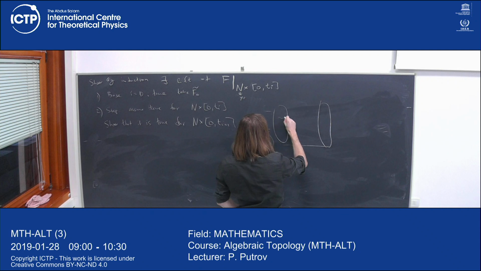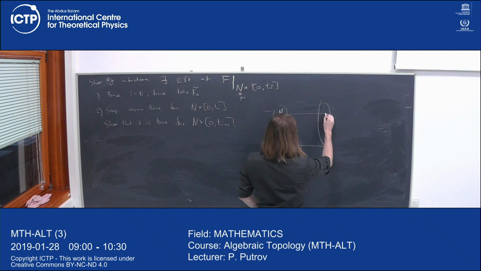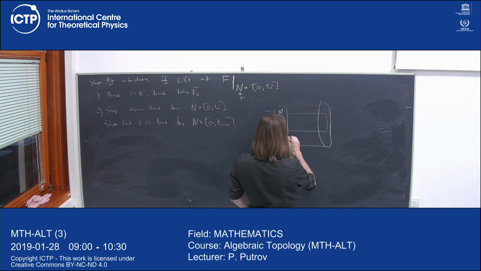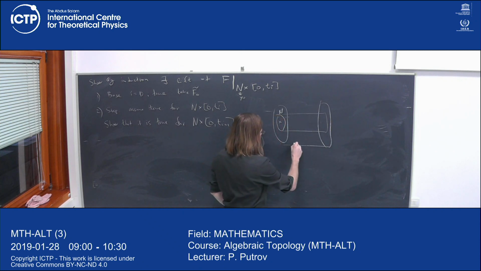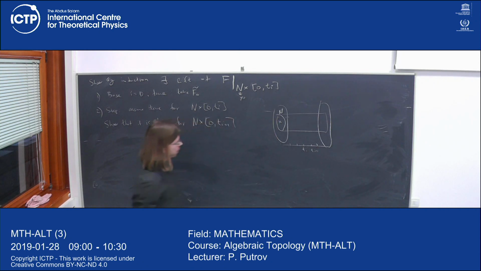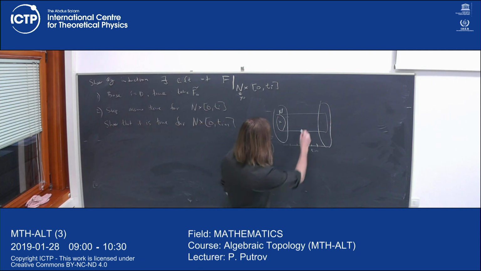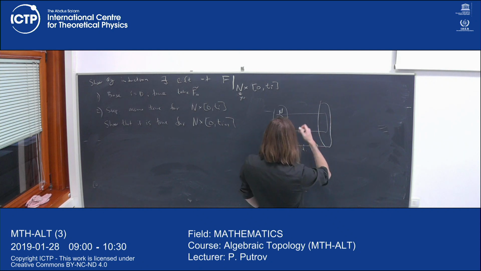So we choose some y0, some neighborhood N, and so we split my interval from 0 to 1 into some small intervals, and so let's see.